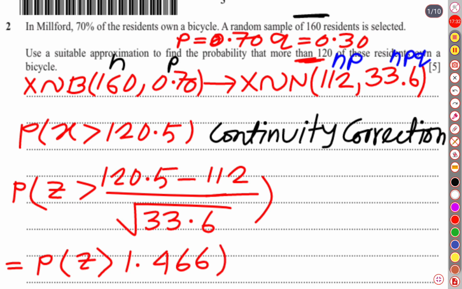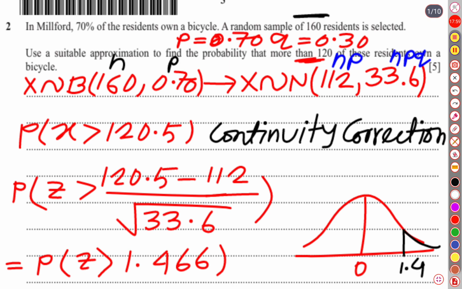Now we will have to draw a graph to show which part is our actual probability. You know the normal distribution graph is always symmetrical. Here it is 0 and our z score is 1.466 and it is positive. So suppose here it is 1.4. Which part is our probability?